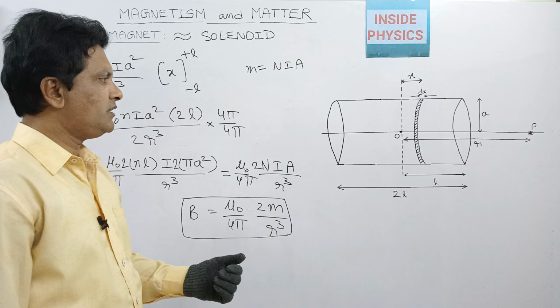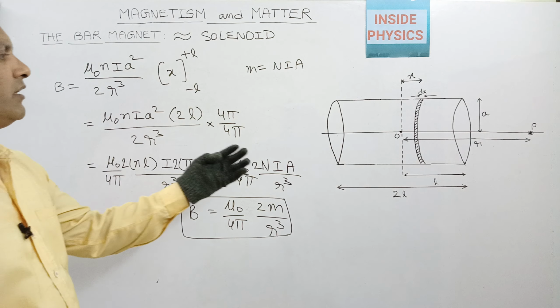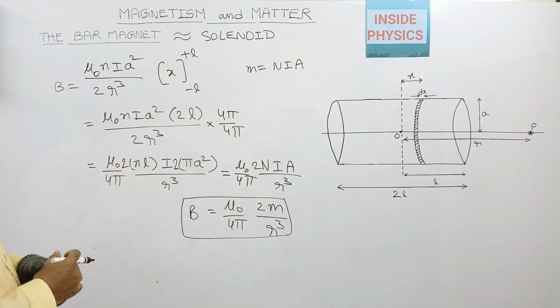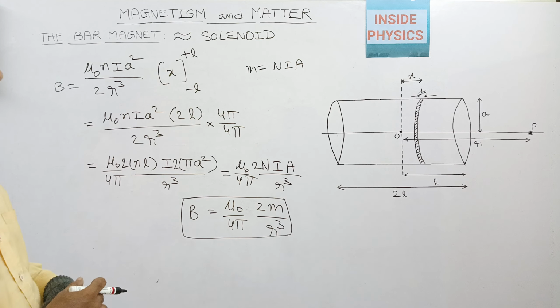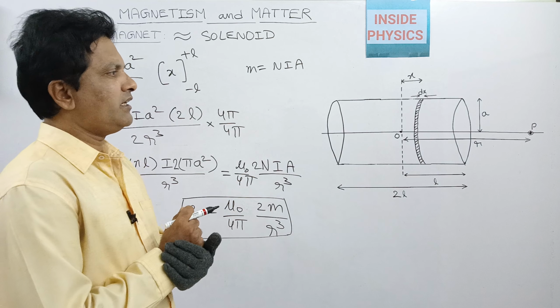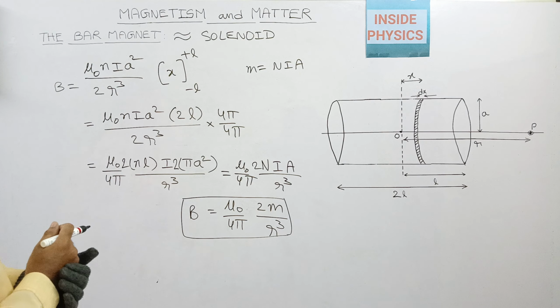So we have an analogy with the solenoid. Why? Because the bar magnet can be taken as equivalent to a solenoid when we consider the field at some greater distance on the axial line at a point.